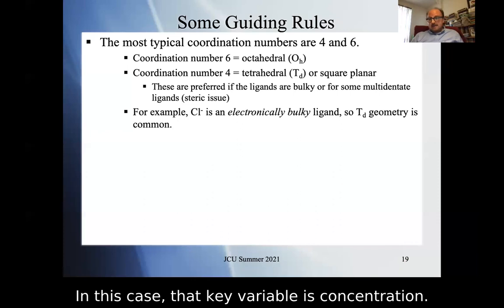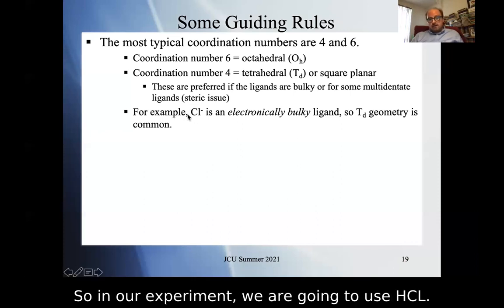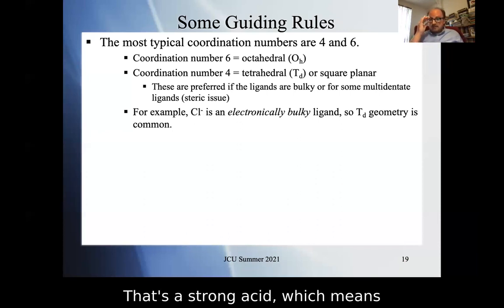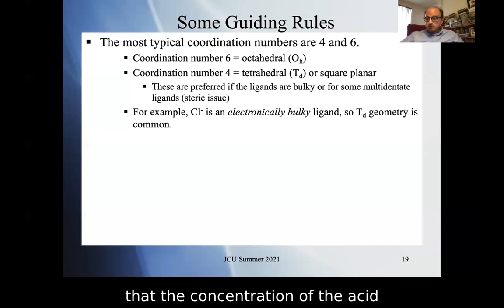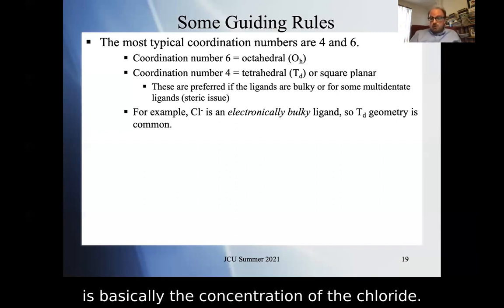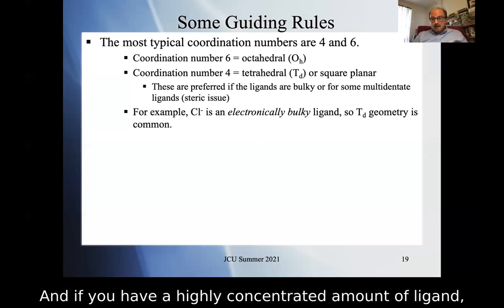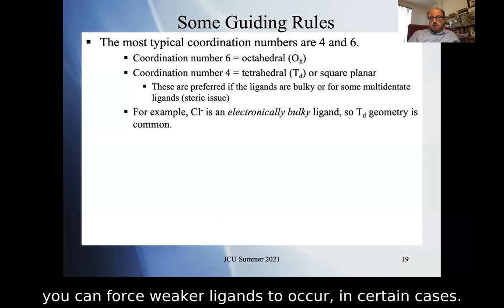In this case, that key variable is concentration, right? So in our experiment, we are going to use HCl, right? That's a strong acid, which means that the concentration of the acid is basically the concentration of the chloride. And if you have a highly concentrated amount of ligand, you can force weaker ligands to occur in certain cases, right?